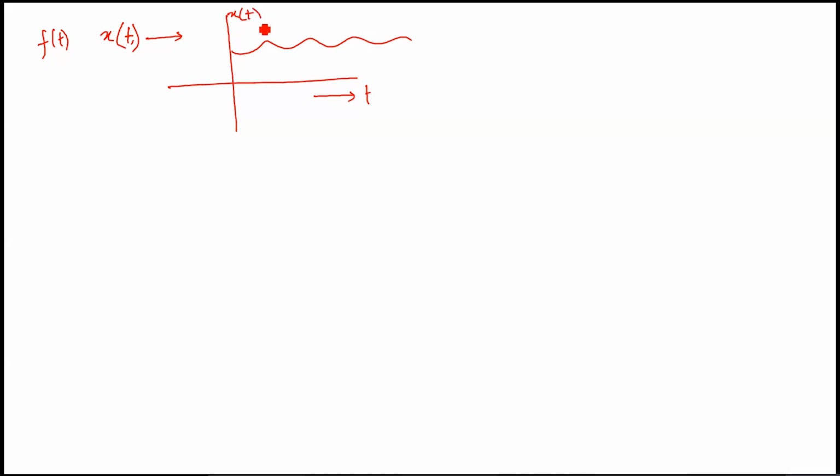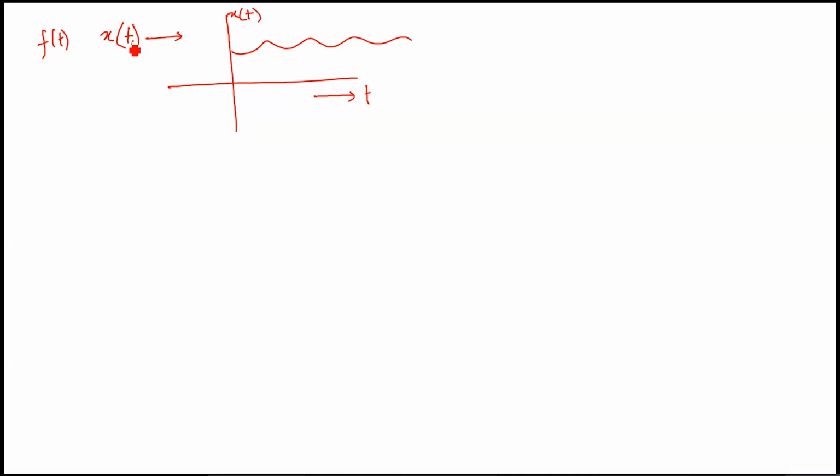Now, whenever we want to plot any function, for example, if you have x of t, this is a function of t, so we can plot this function against time, whatever shape and form it has.